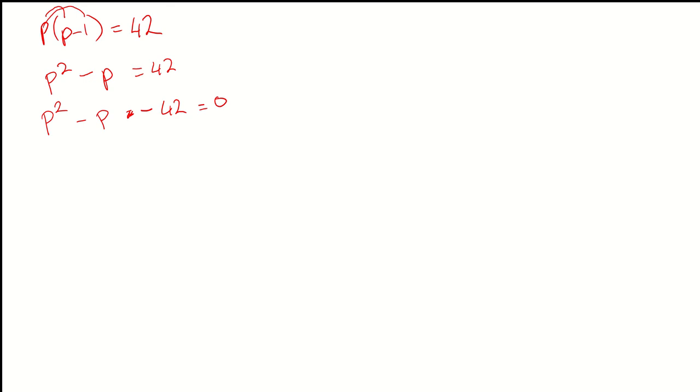The reason that I want it in that form is because when I want to solve a quadratic, I want it in what they call ax squared plus bx plus c equals 0. That's the format that my calculator is going to want it in. So I need to work out what the values of a, b and c are for my particular equation.